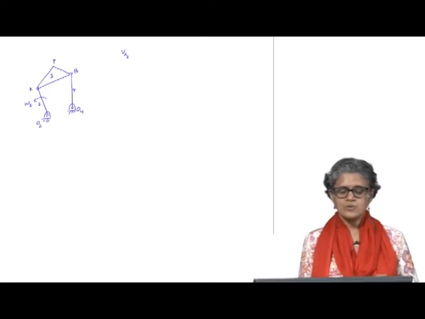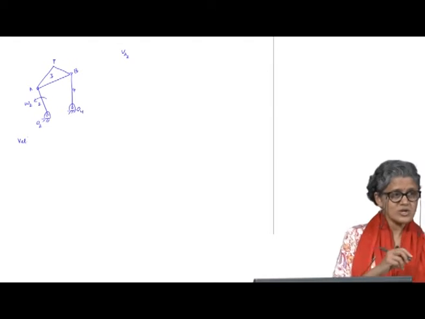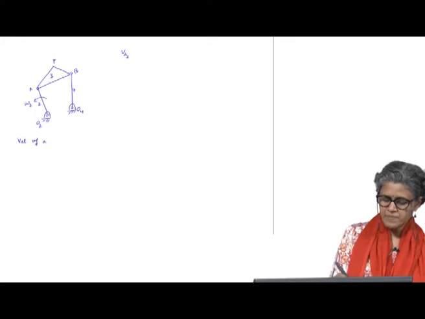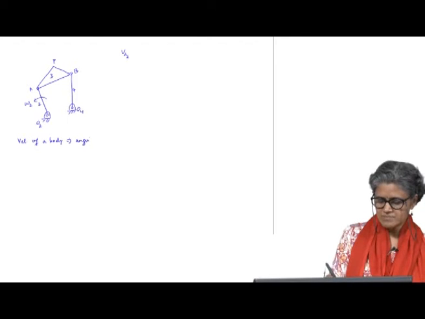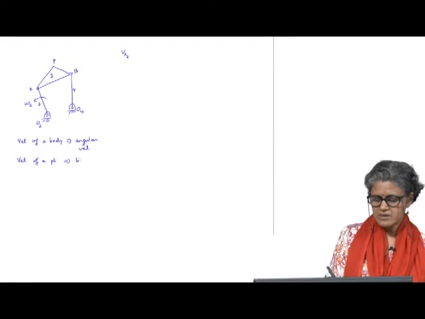A point does not have an angular velocity essentially. Velocity of a body implies the angular velocity, velocity of a point, linear velocity.